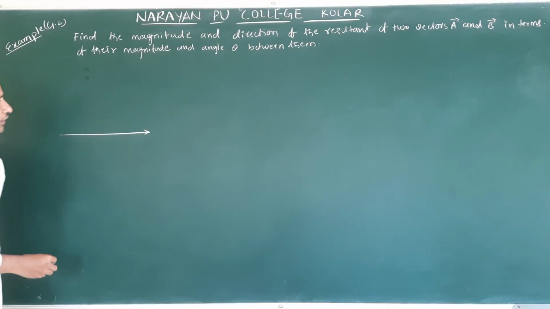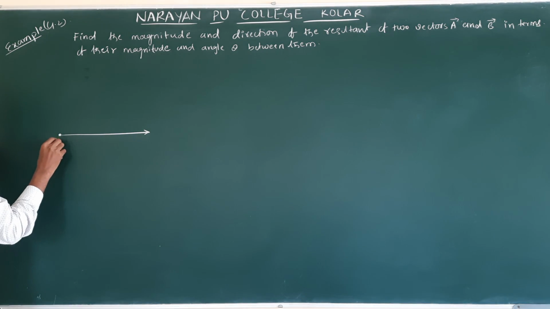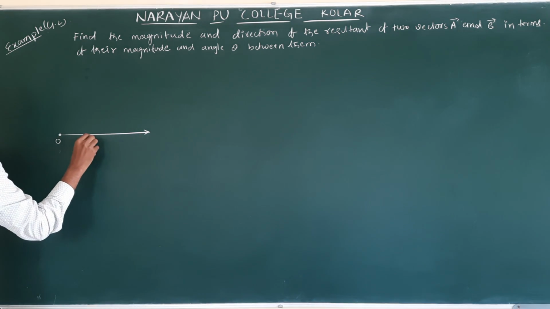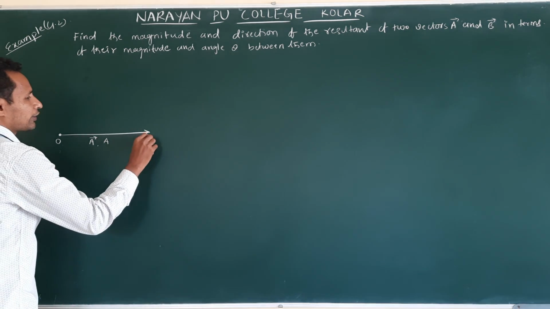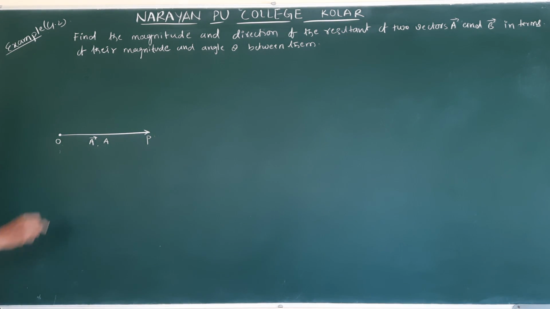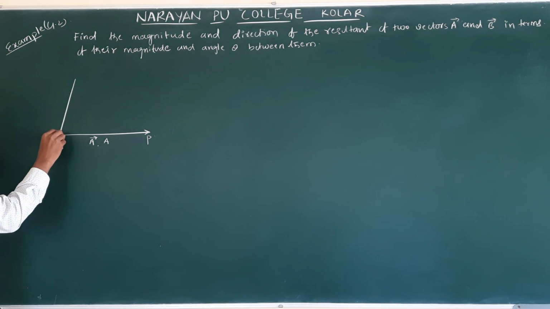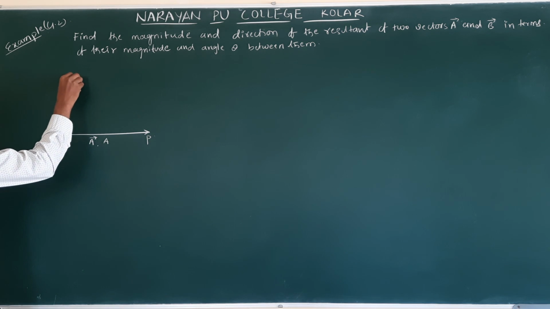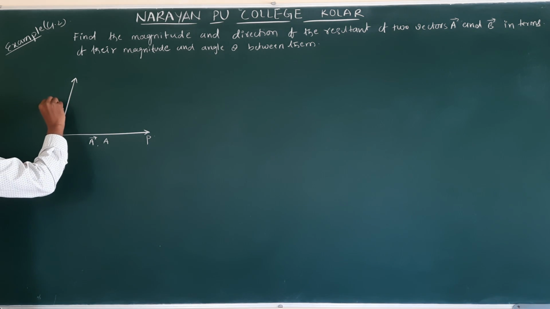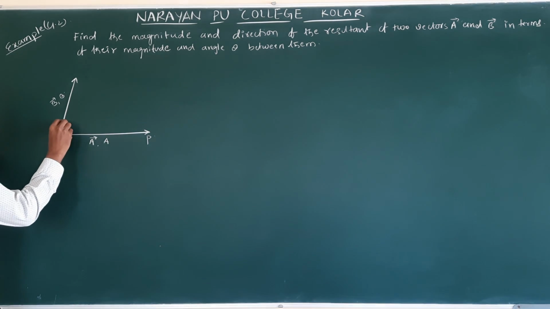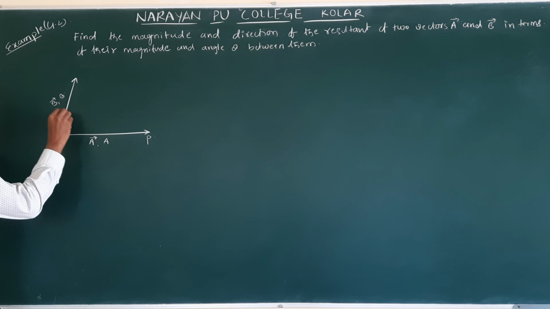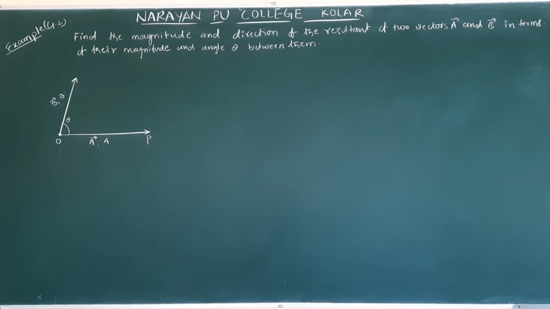This is vector A. From where is it acting? From O. The magnitude of this vector A is A. OP represents the vector A. And take another vector, also acting from O. This is vector B. What is its magnitude? Simply B. And what is the angle between them? This angle is theta. Clear? Understand? Two vectors acting from the same point.